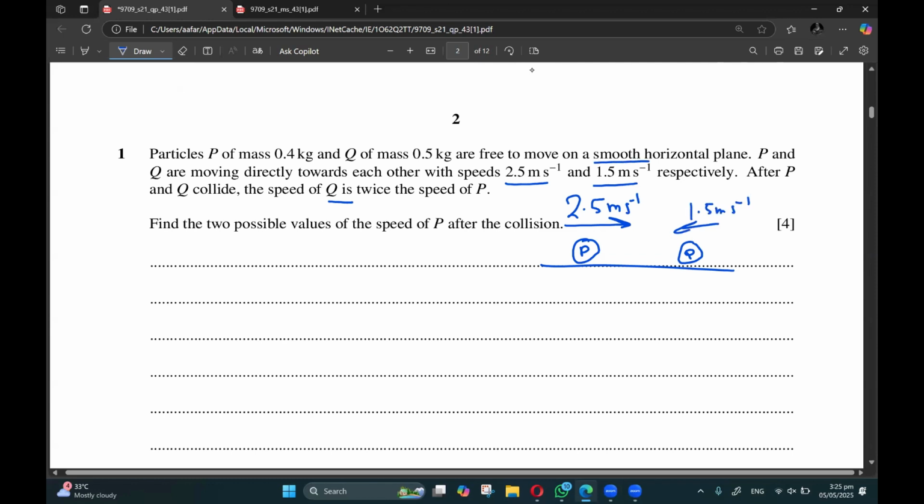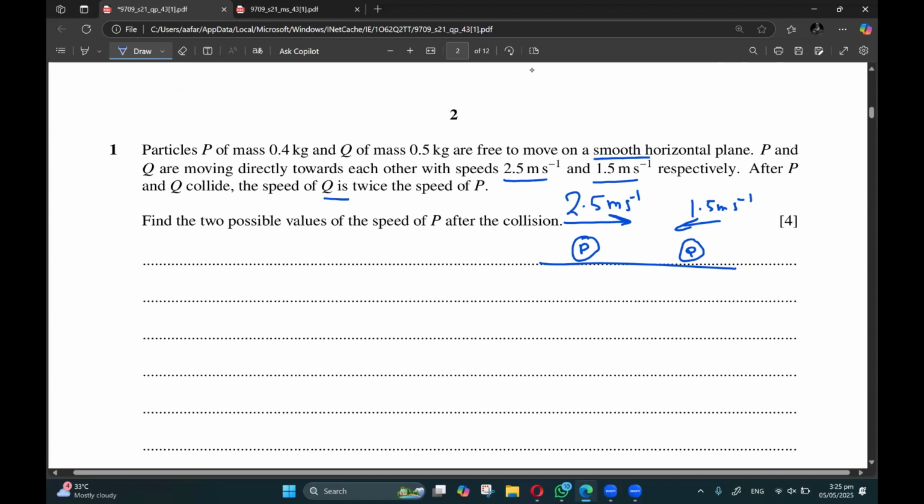And since it's a smooth horizontal plane, that means there is no friction, so the speed is constant throughout the whole plane. So they've given us initial speeds, and then they're asking us to find the final speed of P.